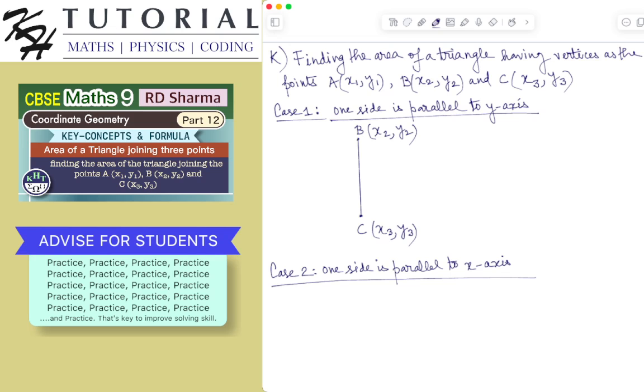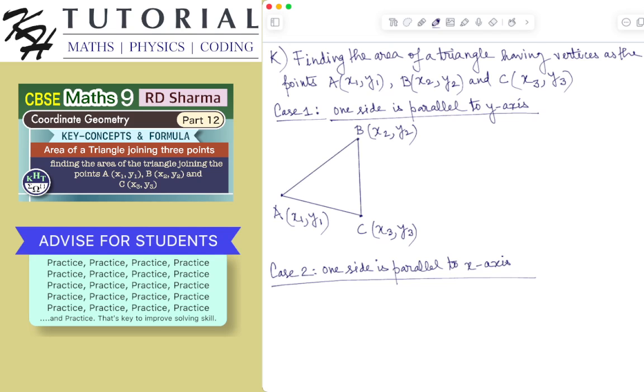Let's say the other vertex is A, whose coordinates are x1, y1. So the triangle is ABC. Remember that the side BC is parallel to the y-axis.